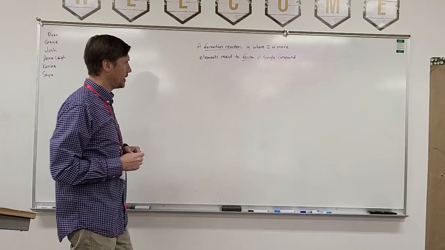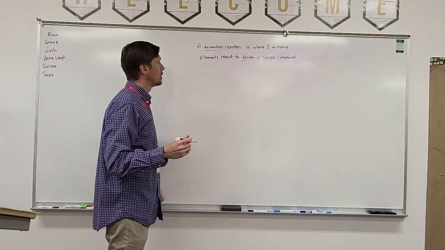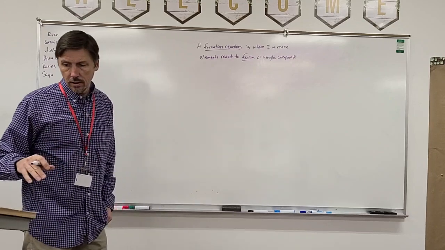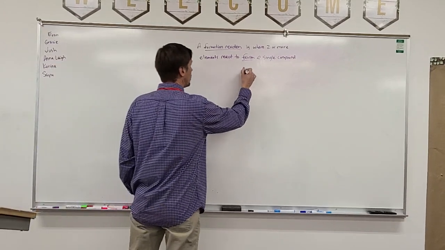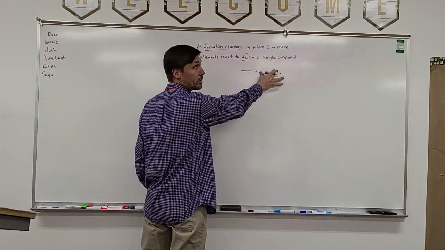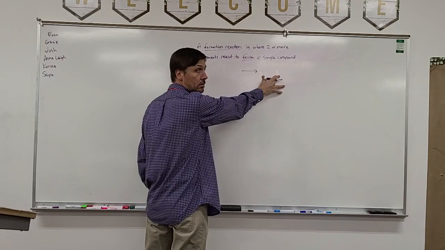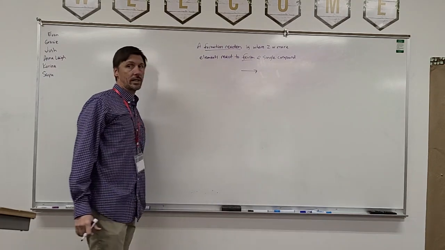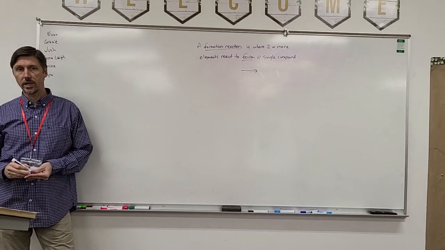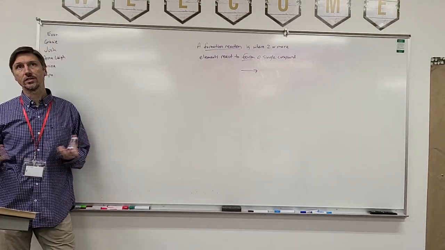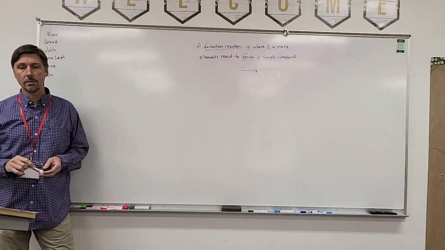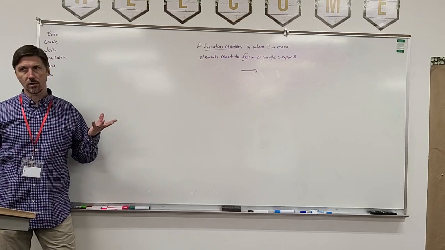So in the case of a formation reaction, we're always going to have what on this side? On the right side, on the product side, if it's a formation reaction. So if I said, for example, give me a chemical equation for the formation of carbon dioxide.